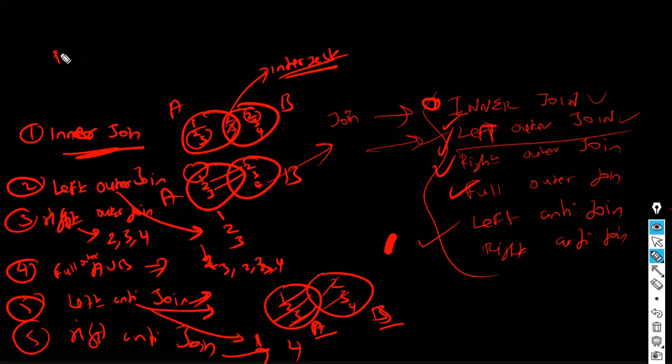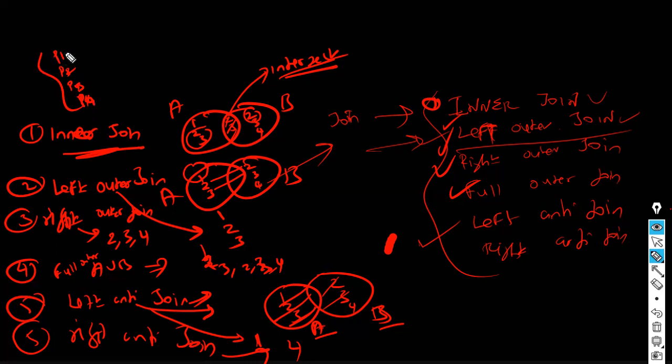For example, you sell P1, P2, P3, P4. 4 products in your shop. Let's assume that. Okay, simple example. You sell 4 products in your shop, but not necessarily every day will the customer buy all the products, right? Every day or every week they don't have to buy all the products.